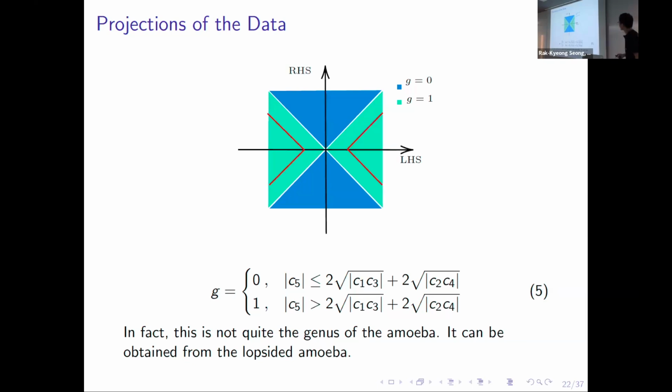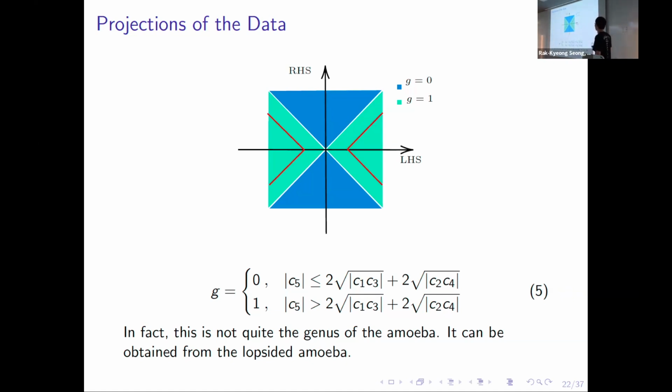It says C5 is x and this part is 2y. So it's actually just given by this inequality. The red lines are just showing the boundaries. After all, it's just a machine, I'm not telling the machine anything, so it's just doing this simple projection.